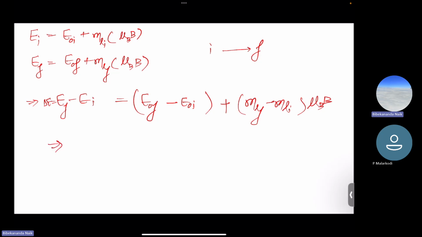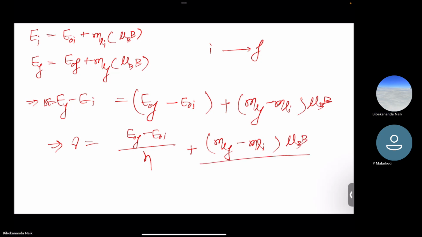So if we talk about frequency, then frequency will be divided by h. So this will be E0F minus E0I divided by h plus MLF minus MLI mu B divided by h. And we know mu B is eh cross by 2m, which is equal to eh by 4 pi m.